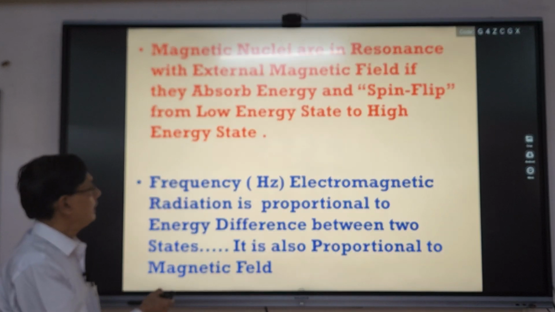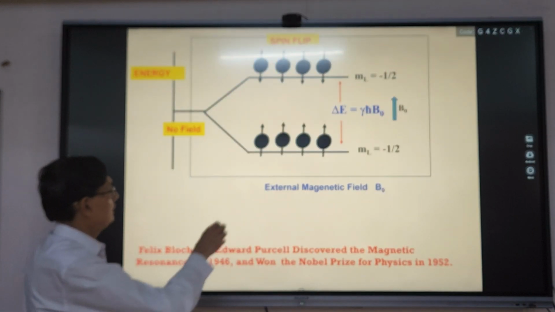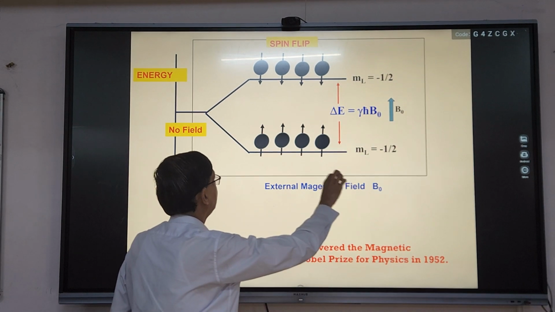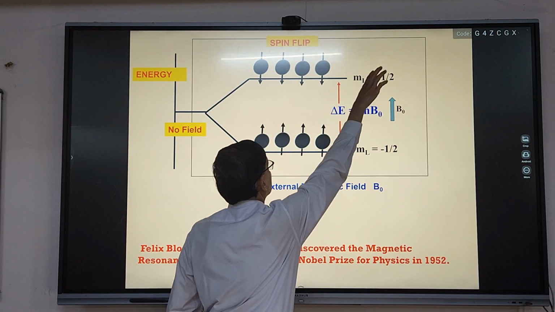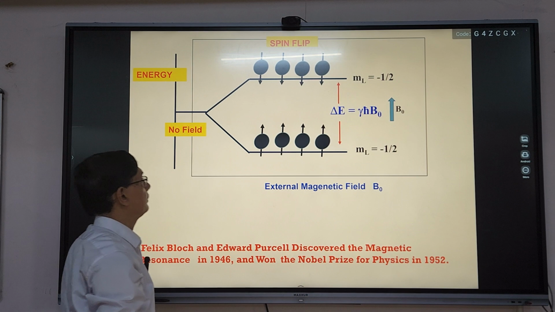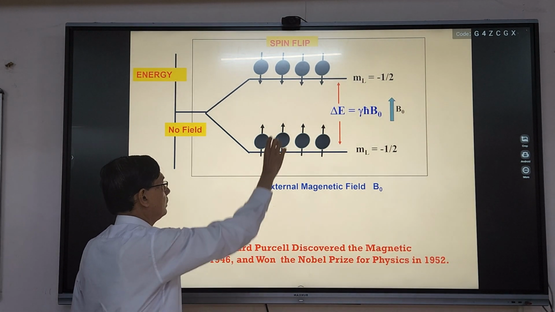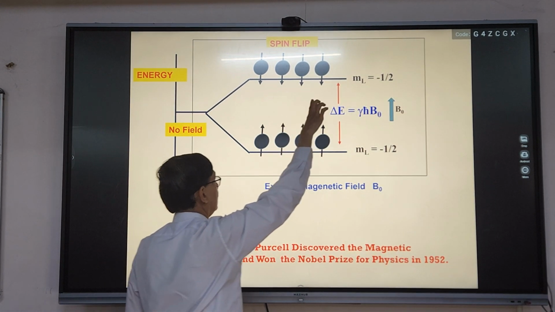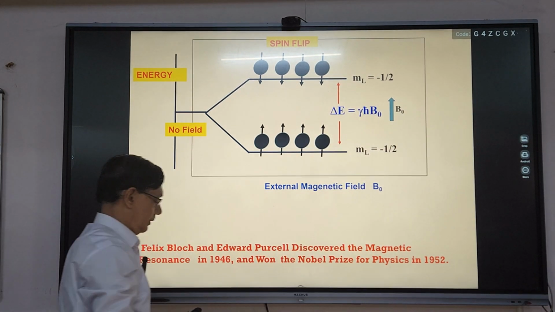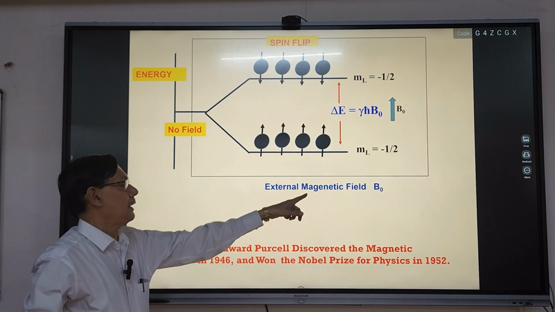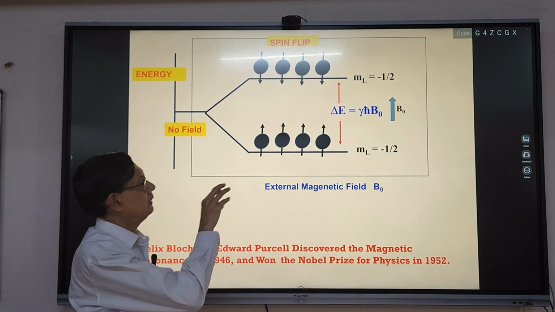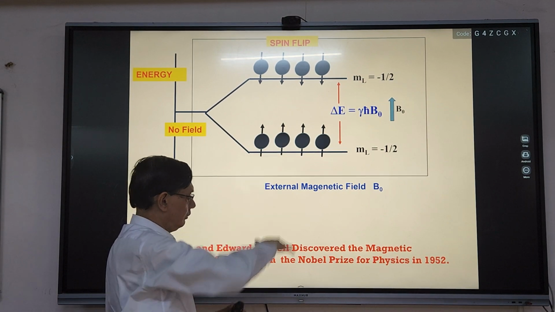That means if I increase the magnetic field, delta E increases like that. So it is directly proportional to the external magnetic field, and accordingly it matches this radio frequency region.